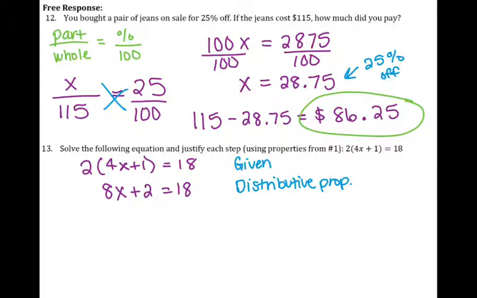Now my next step, to continue to solve, I would subtract 2 from both sides. So that gives me 8x equals 16. And once again, I am able to do that because of one of our properties, the subtraction property of equality.